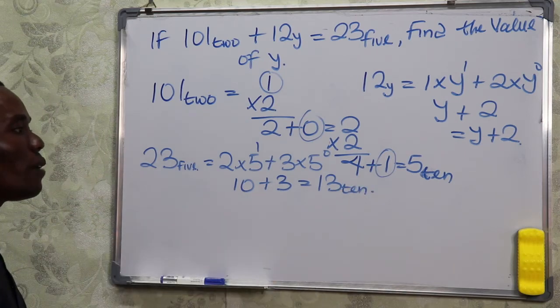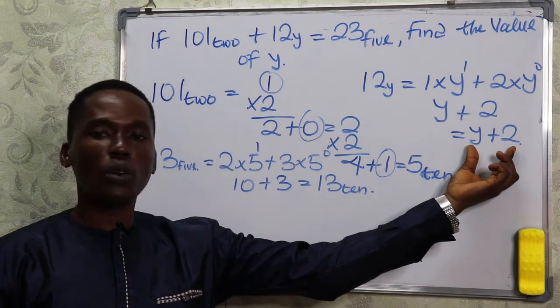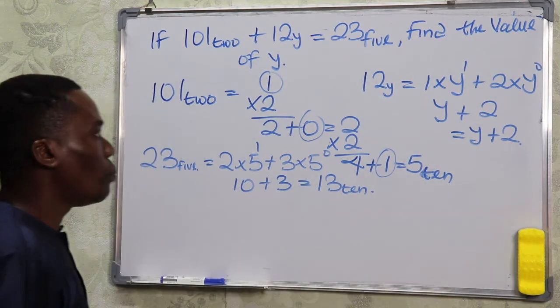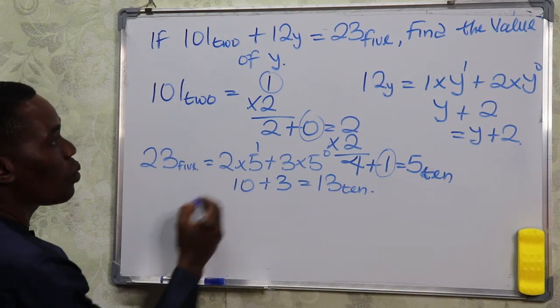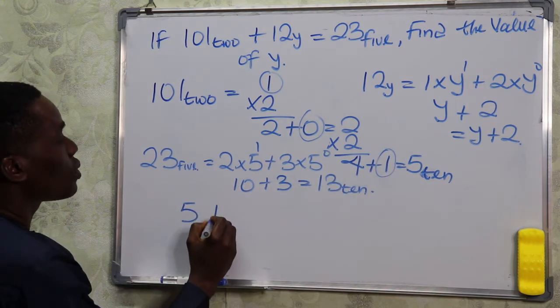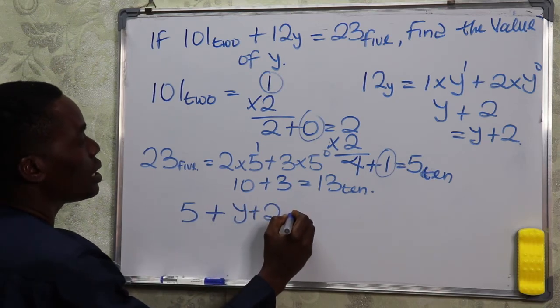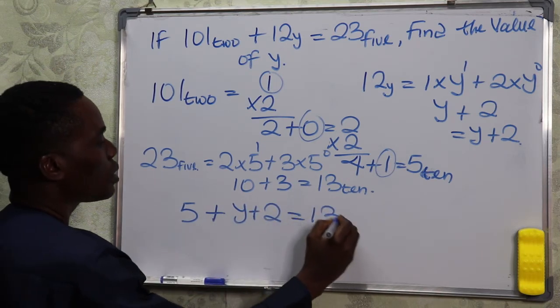Now bringing these values together, we have our 13 base 10, 5 base 10 and y plus 2 in base 10. Bringing them together, we'll have 5 plus y plus 2 equal to 13.